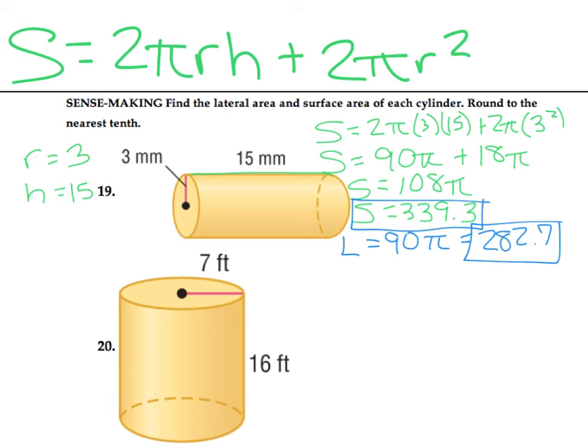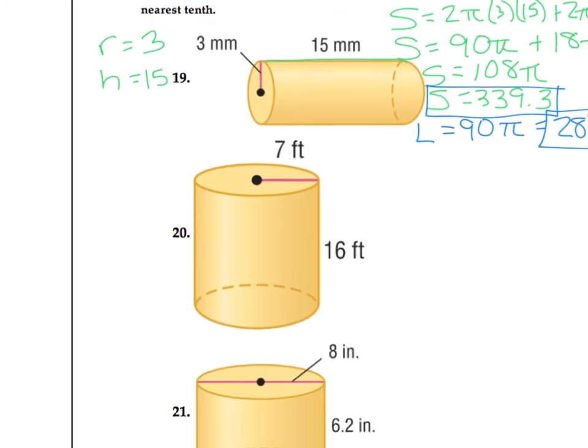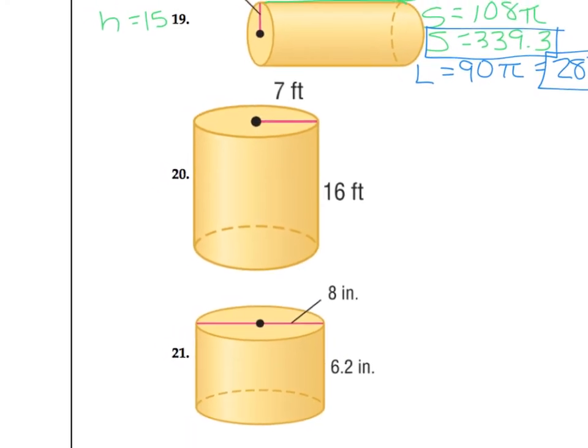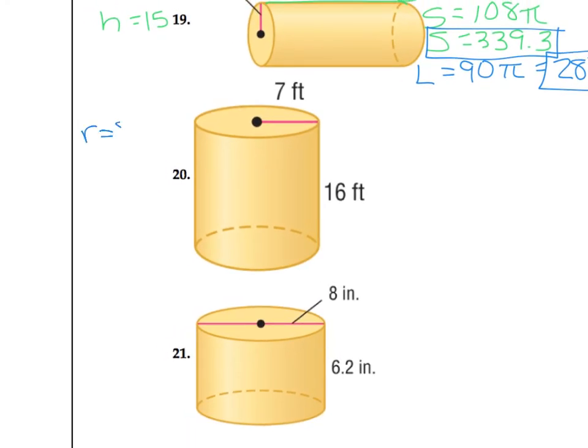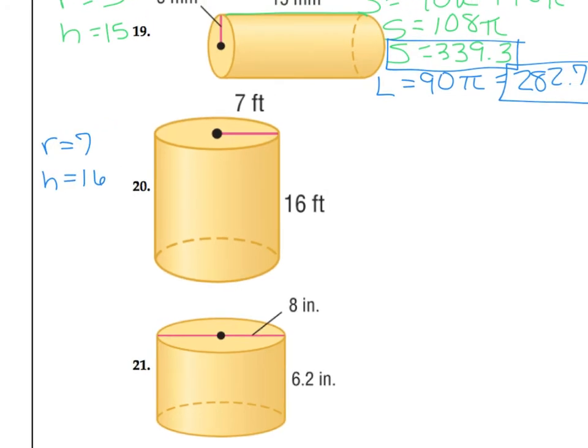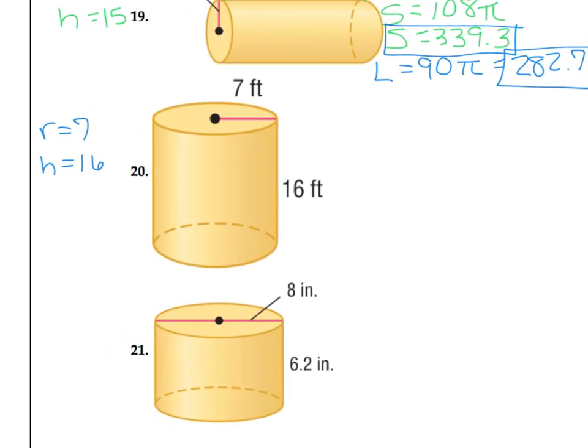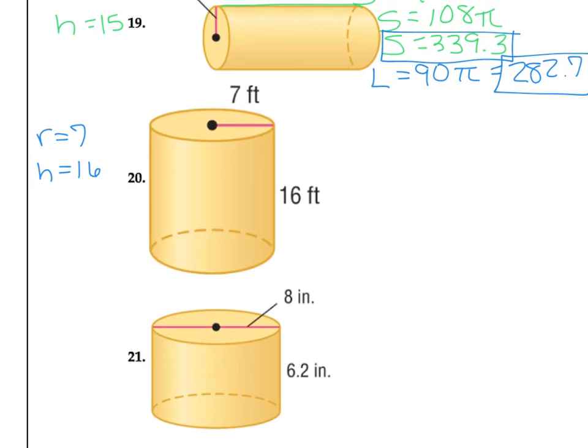Alrighty, let's look at this next one. Again, key pieces of information: radius is 7, the height is 16. So we have our surface area, 2 pi times the radius of 7 times the height of 16 plus 2 times pi times the radius, 7 squared.